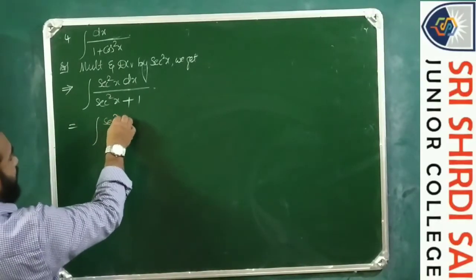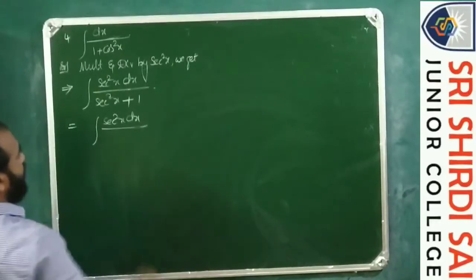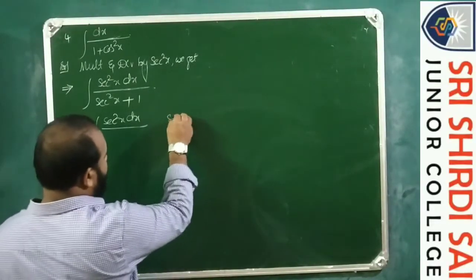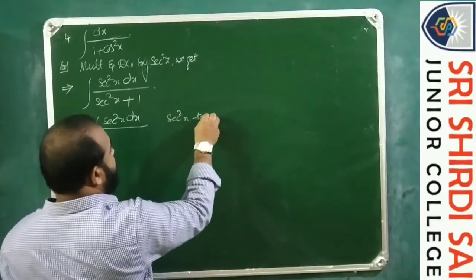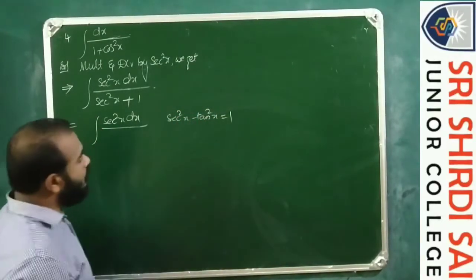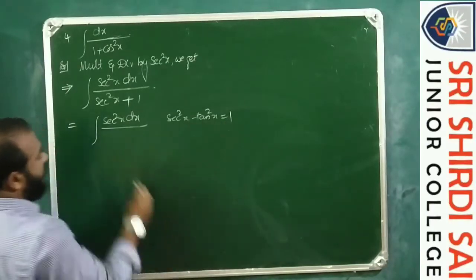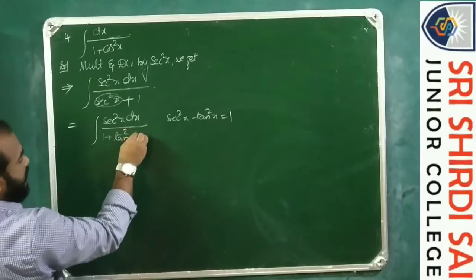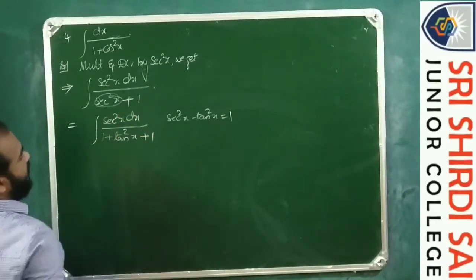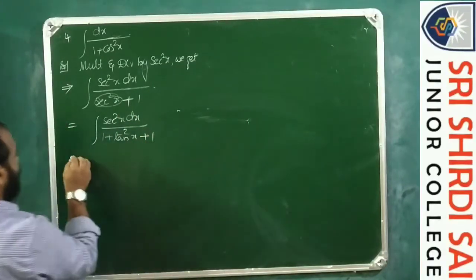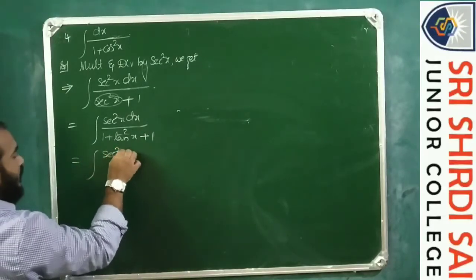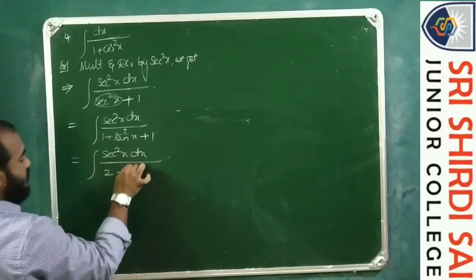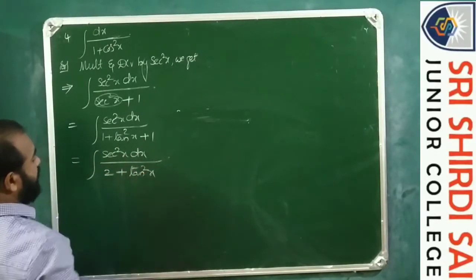So here this is equal to secant square x dx by, we have secant square x minus tan square x is equal to 1. So secant square x is equal to 1 plus tan square x. So this secant square x can be replaced by 1 plus tan square x, plus 1 is already there. So this is equal to secant square x dx by 1 plus 1 is 2, plus tan square x.